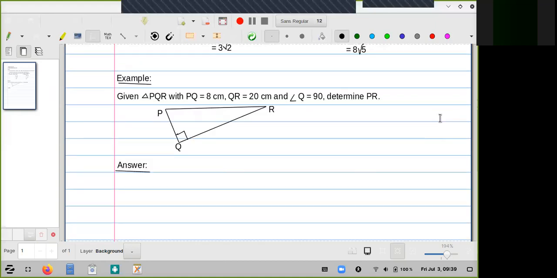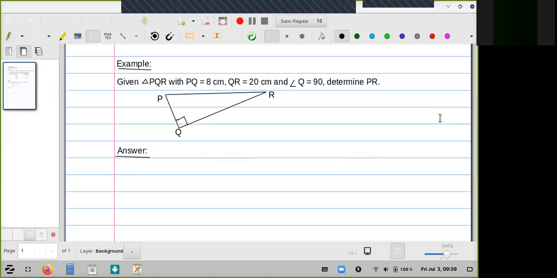Now, coming on to today's problem. We are going to use this so that we can calculate the length of a side.